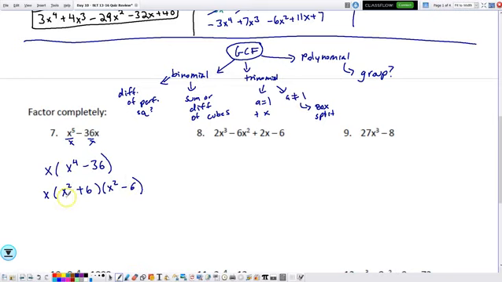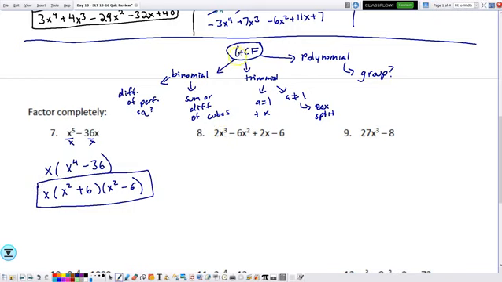So now the question is, are either of these the sum or difference of perfect cubes, or the difference of perfect squares? Well, they're definitely not cubes. The first binomial has an addition sign, so it's out. The second binomial is x squared minus 6, but 6 is not a perfect square number, so that is how I know that this is my final factorization.